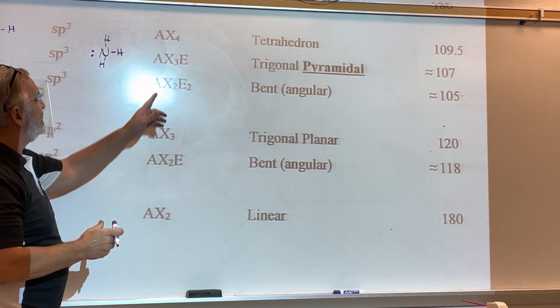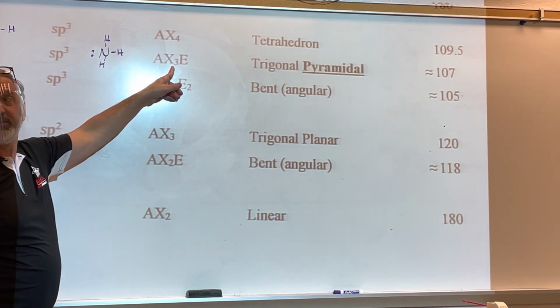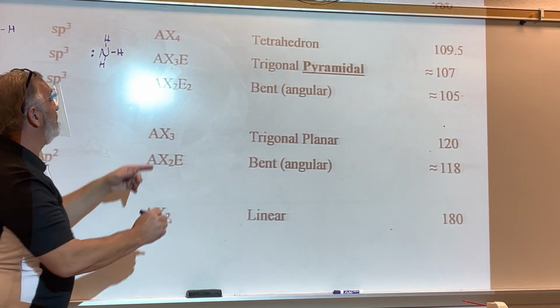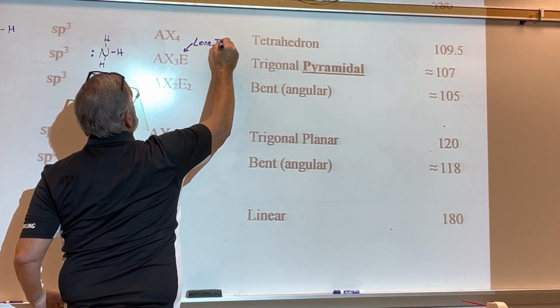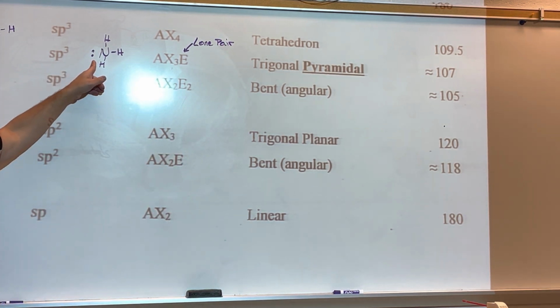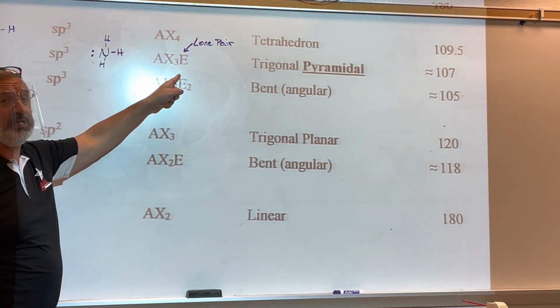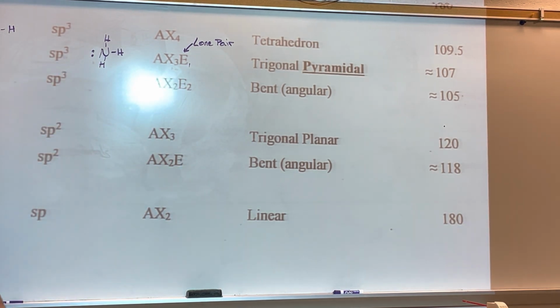So A is always the central atom. X is the number of atoms that attach to it. E represents lone pair electrons. Okay, so there's one lone pair, so it's AX3E. But 3 plus 1 still adds up to 4.